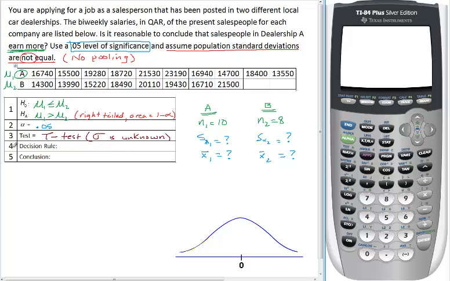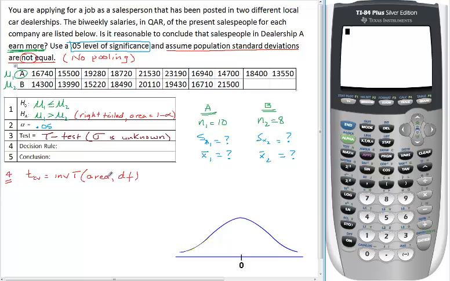Number 4 is the decision rule. The decision rule involves finding the critical value, the t critical value. So let's look at step 4 first. In step 4, we want to find t, I'll call it CV, critical value, and that involves inverse T, the area, and degrees of freedom.